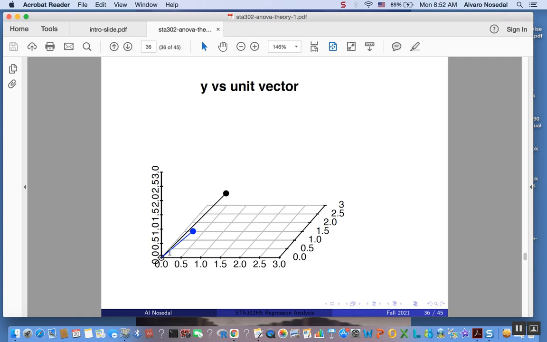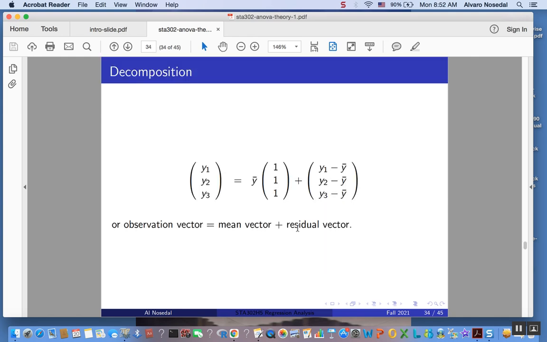The blue vector represents the vector 1, 1, 1, which was the one we had before in our decomposition.